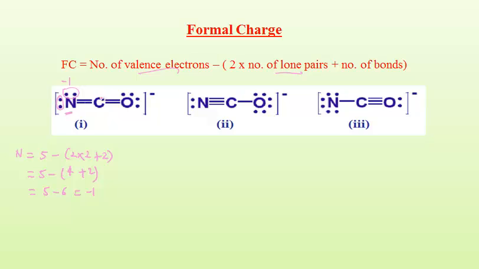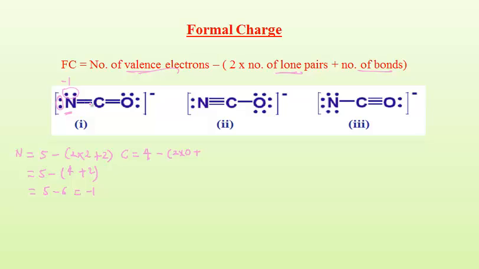Well, we calculate the formal charge over this carbon atom. We mention here carbon. The number of valence electrons of the carbon atom is obviously 4, and minus 2 multiplied by the number of lone pairs. And the carbon atom does not have any lone pair in this cyanate ion. That's why we mention here 0, plus the number of chemical bonds formed by this carbon atom.